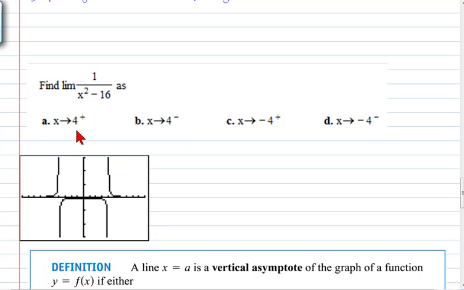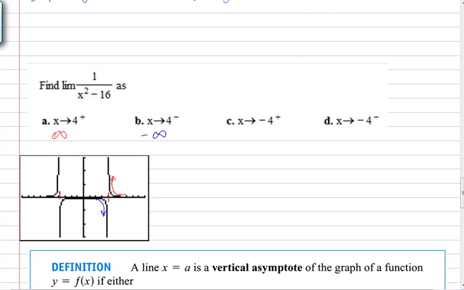Looking at this first one, as x approaches 4 from the right-hand side, I'll do red for right. So as x approaches, here's 4. As x approaches 4 from the right, this is going off to, as x approaches 4 from the left, this is going off to, as x approaches -4 from the right.